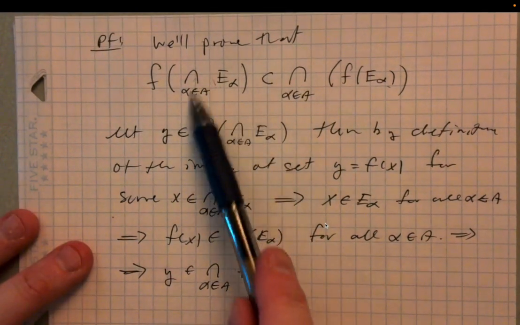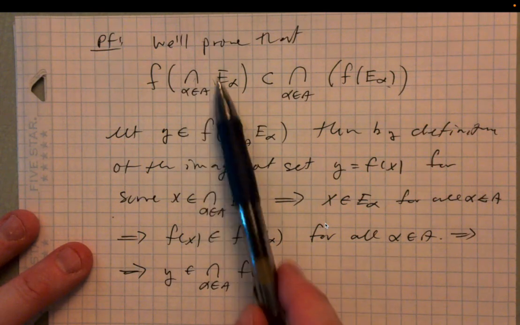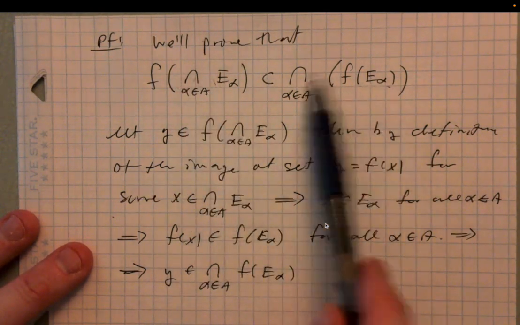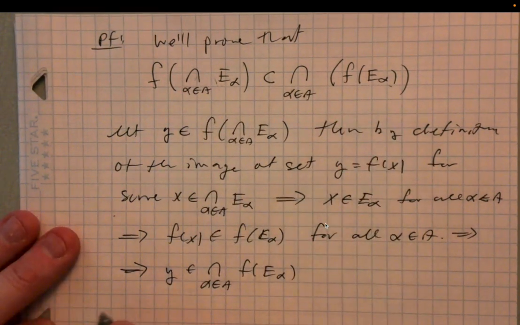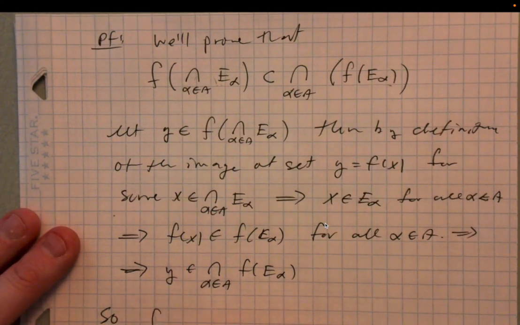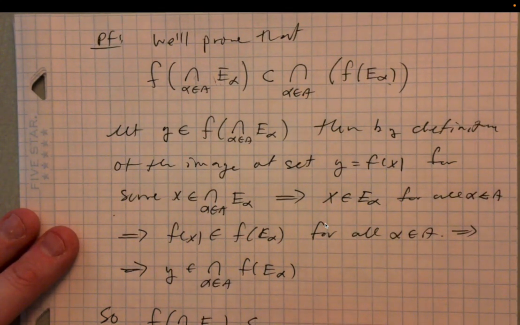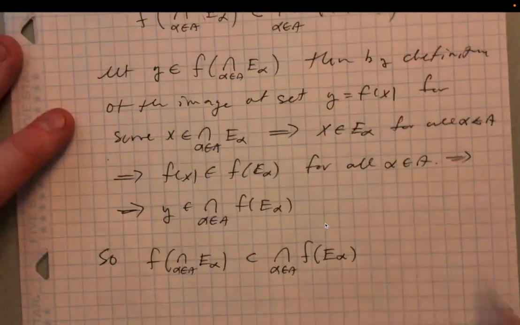So we started with a y over here, and we've shown that if y is over here, it is necessarily over here as well. So that means that f of the intersection over alpha in A of E sub alpha is a subset of the intersection over alpha in A of f of E sub alpha, which is what we were trying to prove, right?